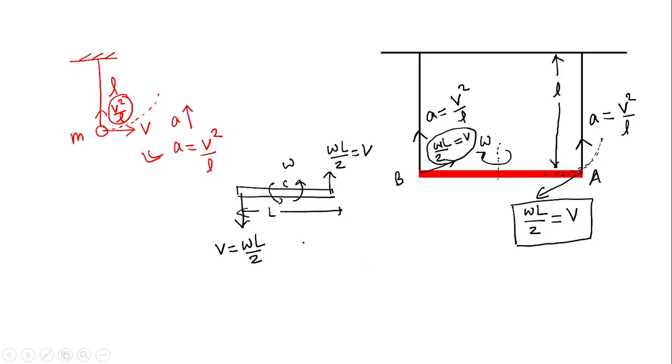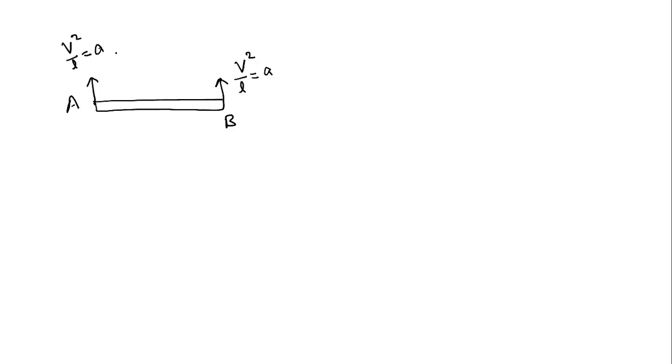You see, it is a rod, this is point A, let us say this is point B. This point is having acceleration of what? v square upon L. Similarly, this point is having acceleration v square upon L. So if both ends are moving with acceleration a and the rod is rigid, what do you feel will be the acceleration of the center of mass?